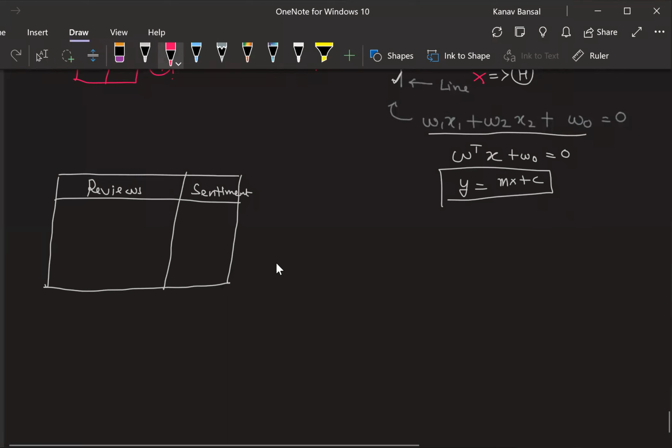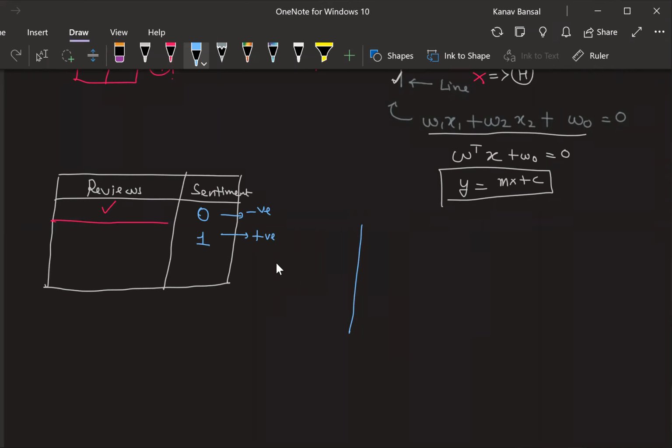It is some English text or Hindi text or Punjabi or Telugu or Chinese or Japanese, anything. Review can be any text here. Sentiment can be positive or negative. I can always represent positive and negative by 0 and 1, maybe negative by 0 and positive by 1.